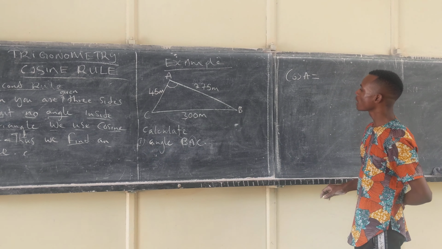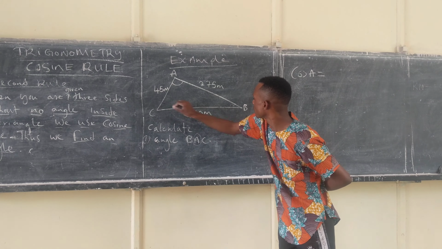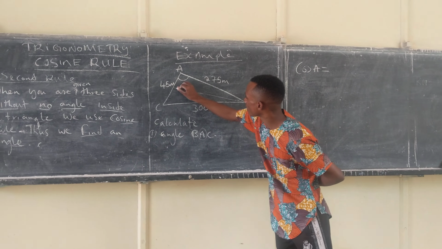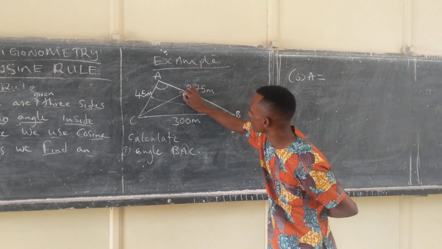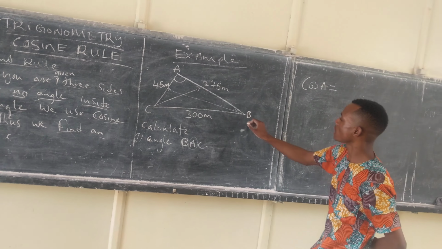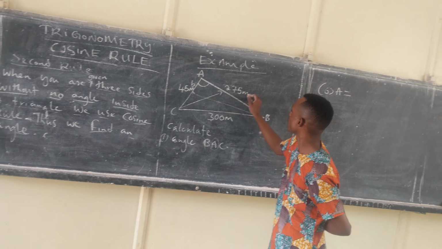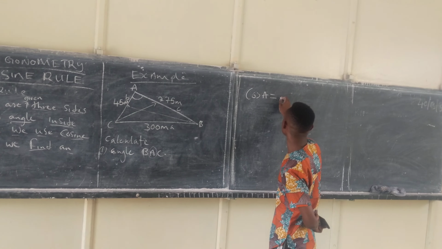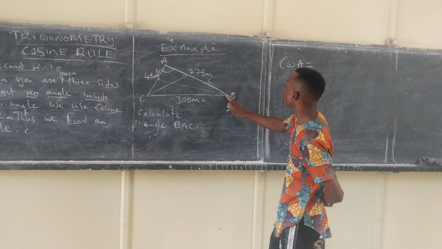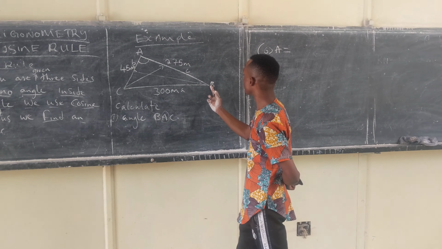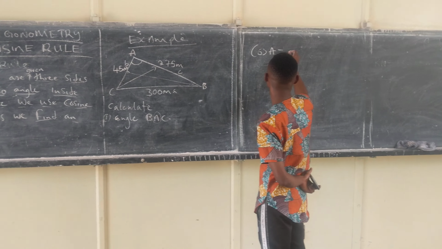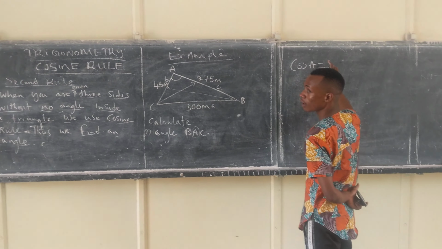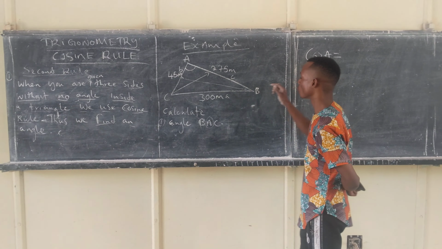Then you put side B and side C here, and then side A. The ones that you are not solving, which are B and C, are what we are putting here.